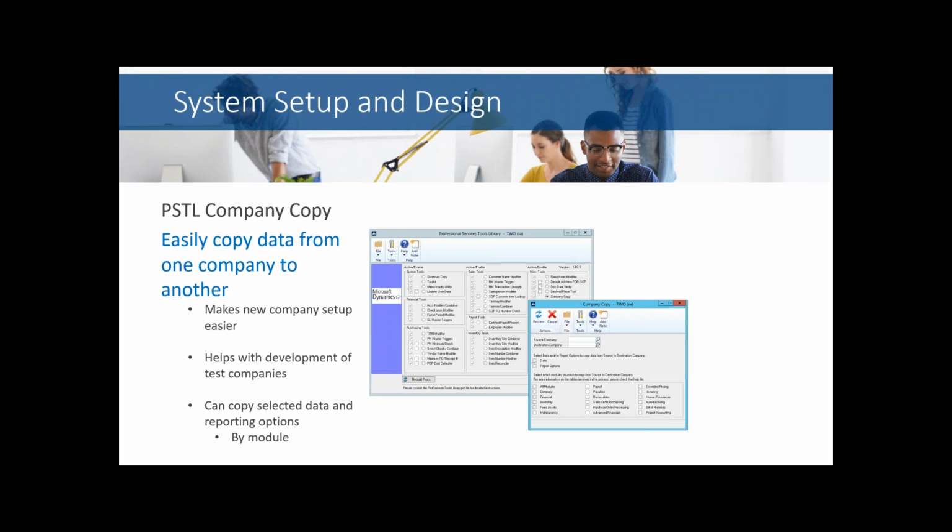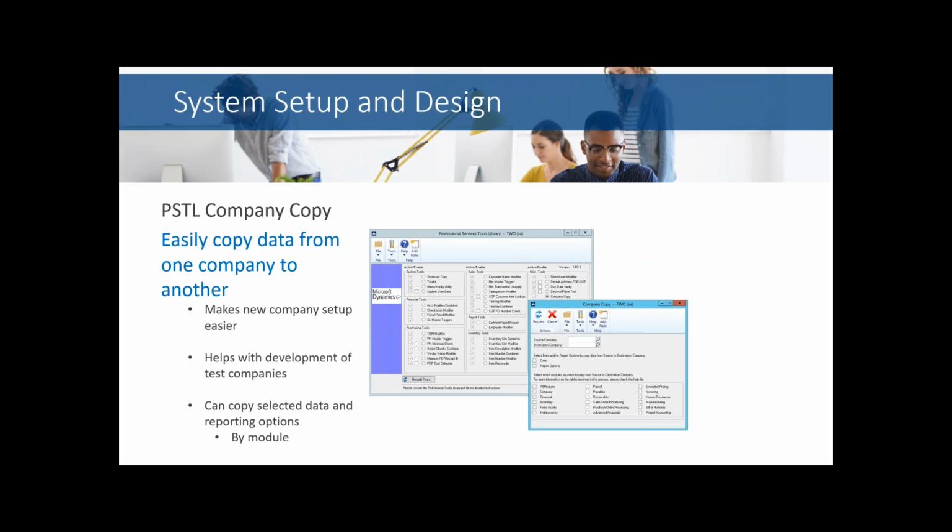Also, when it comes to some time savings in regards to setup, a lot of you that are listening today probably have more than one legal entity, and that means that you have more than one database set up inside of Dynamics GP.